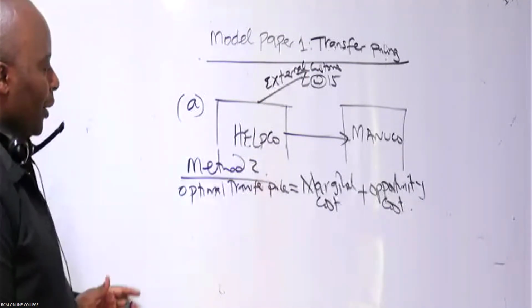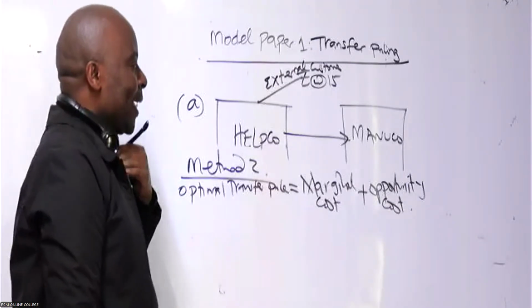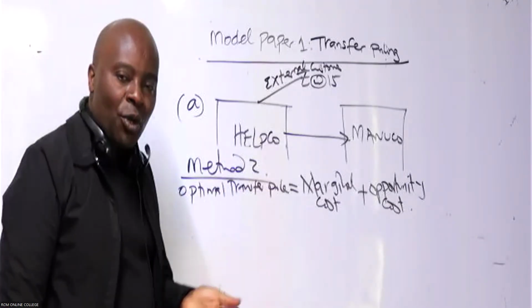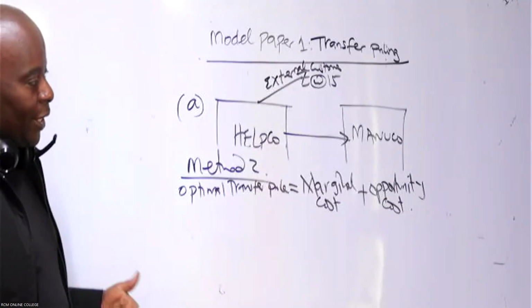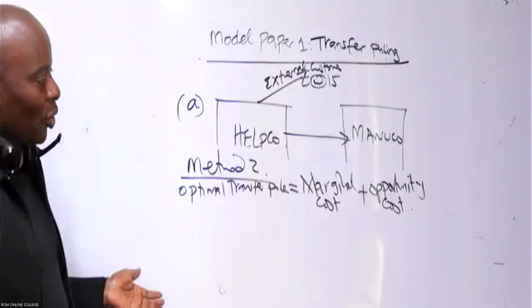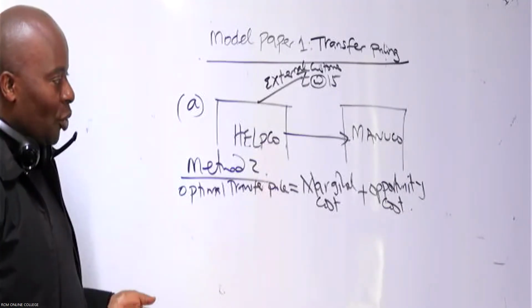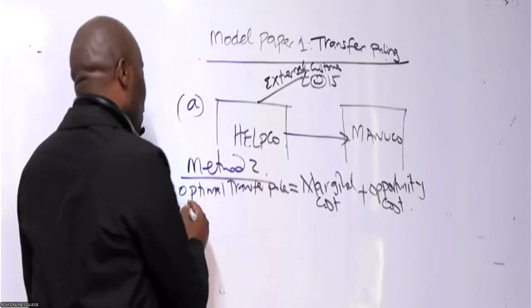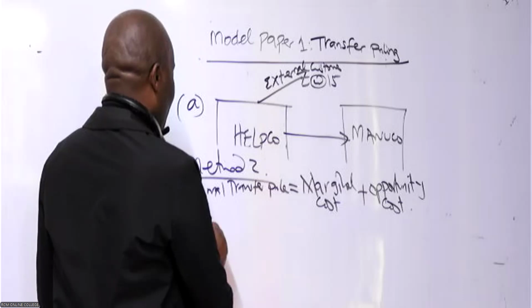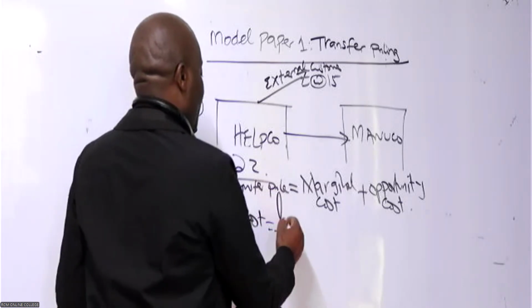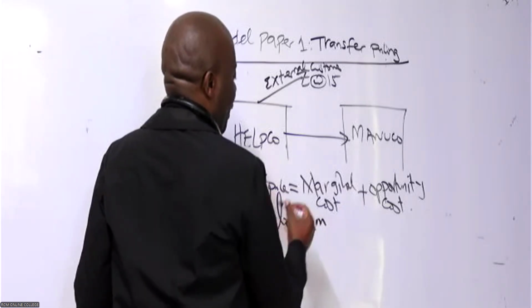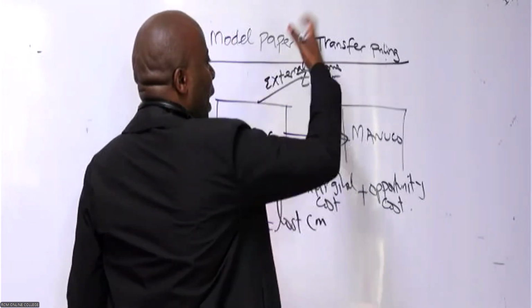To get the optimal transfer price, you take the marginal cost. Marginal cost is the same as variable cost. So you take marginal cost plus any opportunity cost. Opportunity cost is the lost contribution margin for not selling goods outside there.